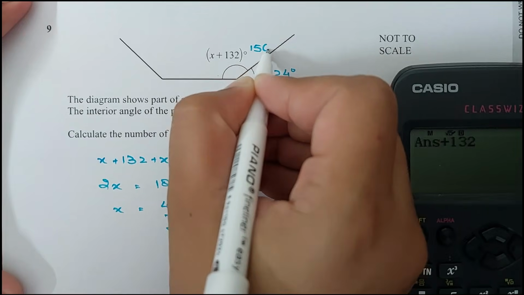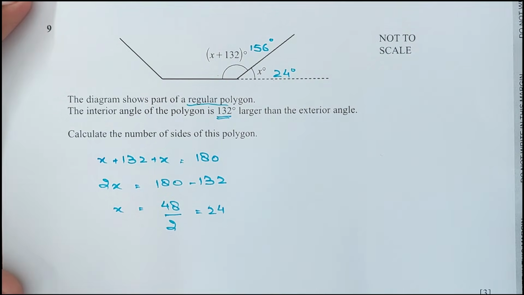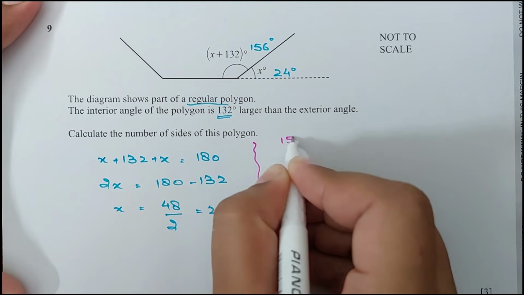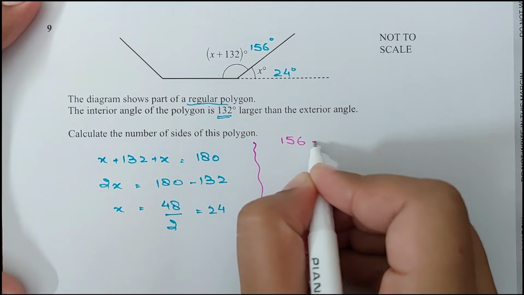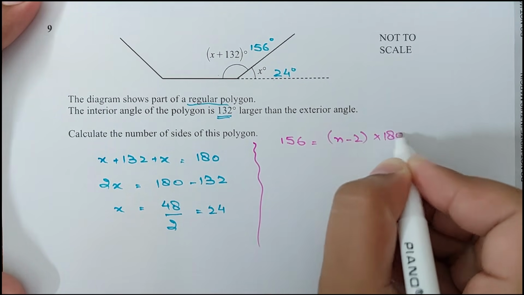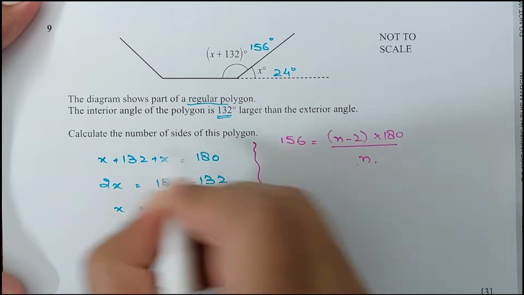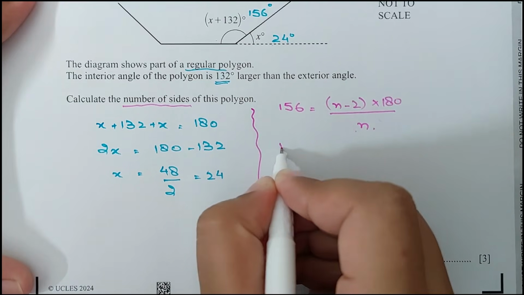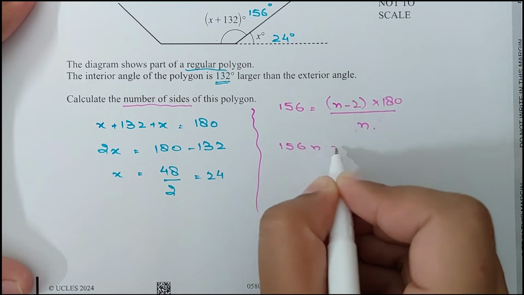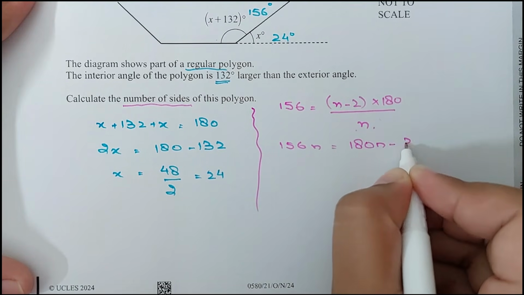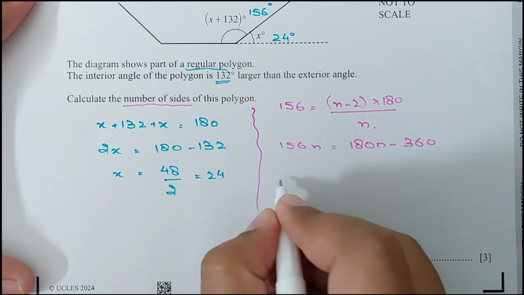So the interior angle of the polygon is 156 degrees. We can easily get the sides of the polygon, right? So the measure of each interior angle of a polygon is equal to (number of sides minus 2) into 180 degrees, divided by the number of sides, and we have to work out the number of sides for this polygon. Cross multiply: 156 times n equals 180n minus 2 times 180, which is 360, right?